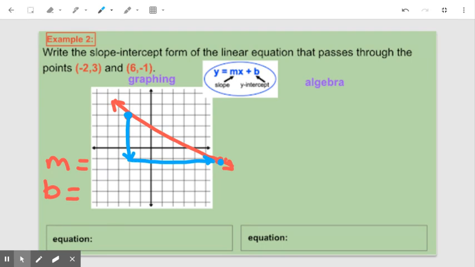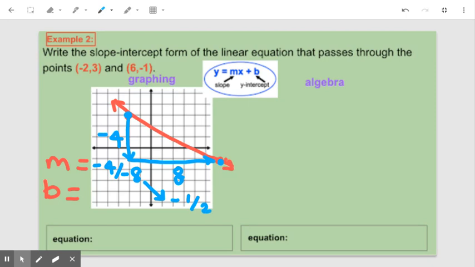I'm going down 1, 2, 3, 4, so -4. And I'm going to the right 1, 2, 3, 4, 5, 6, 7, 8, so +8. So my slope is -4 over 8, which comes out to -1/2.